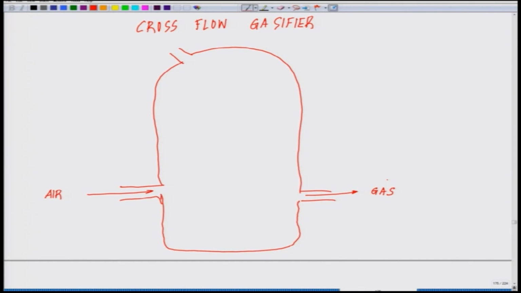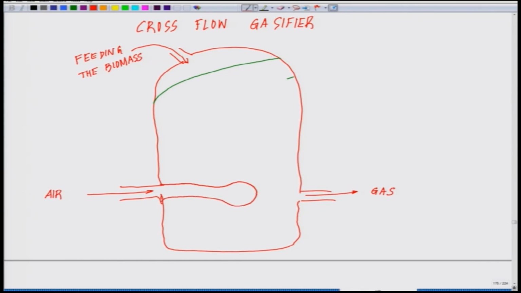And this is the feeder from where you are feeding the biomass to the system. The first level will be the drying region where biomass is getting dried up.